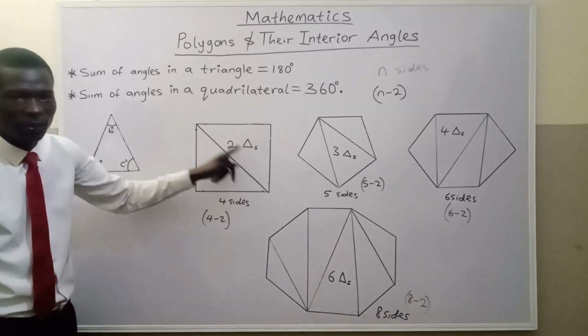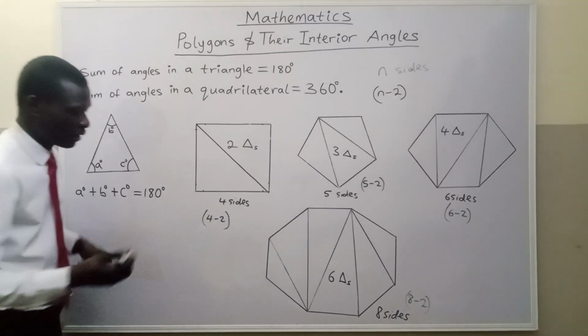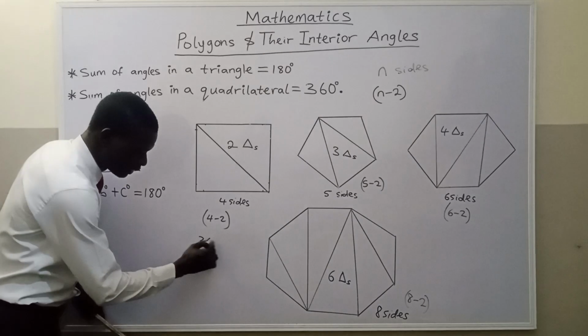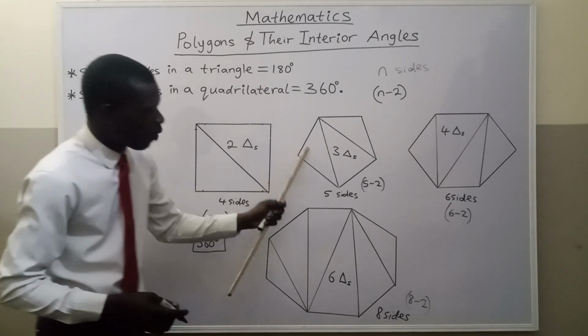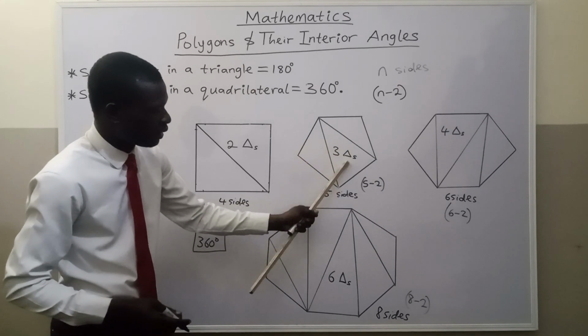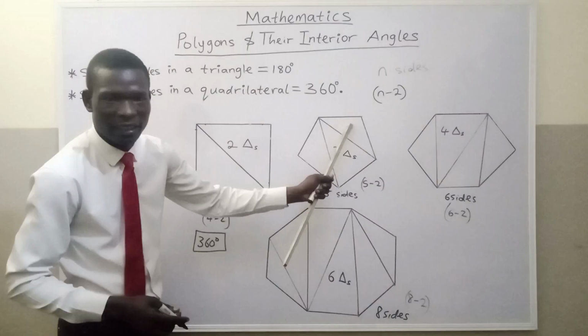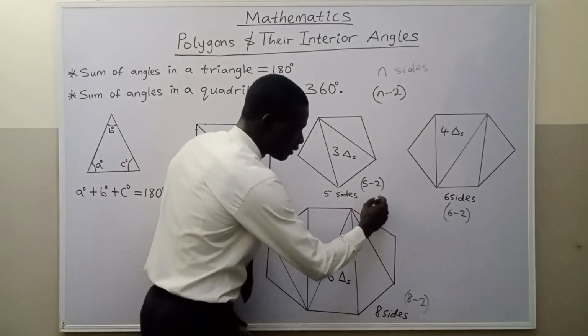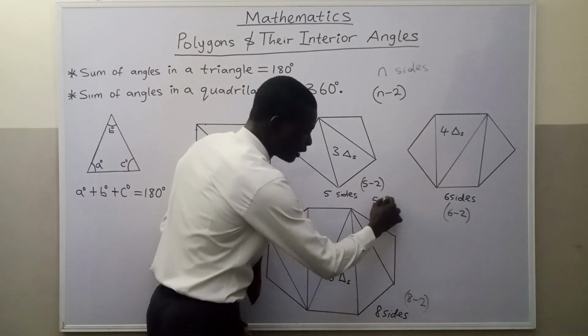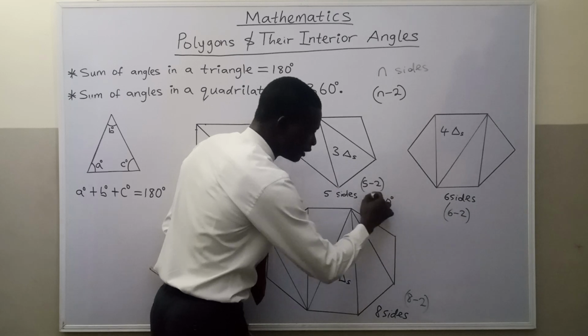Now 180 degrees multiplied by 2, what's going to be the sum of the angles? 360 degrees for this. 180 degrees, 180 degrees, 180 degrees. 3 of such, what's it going to give to me? 540 degrees.